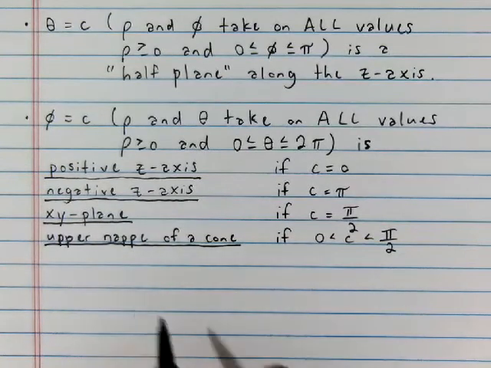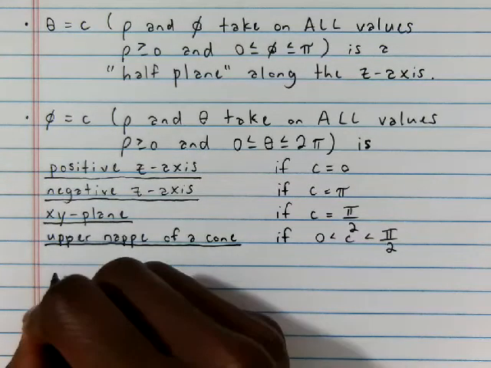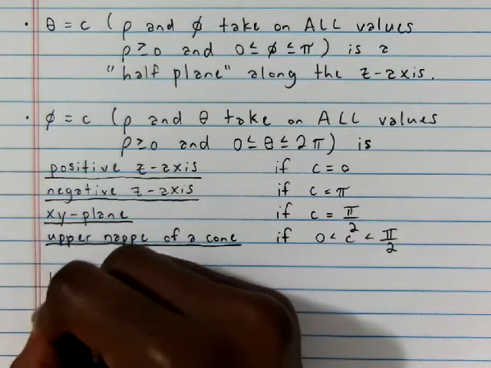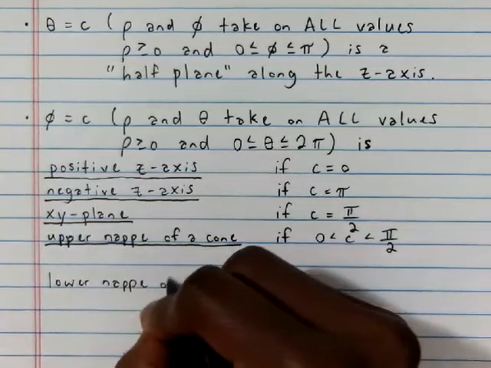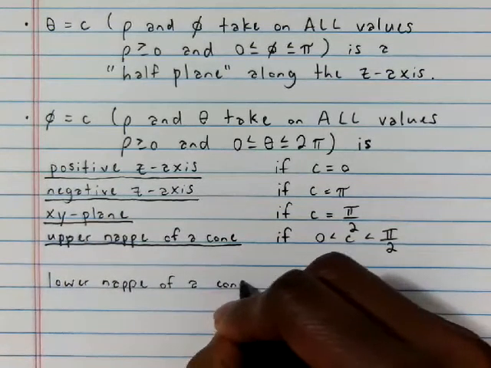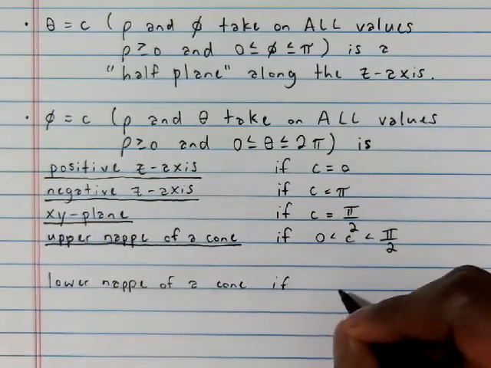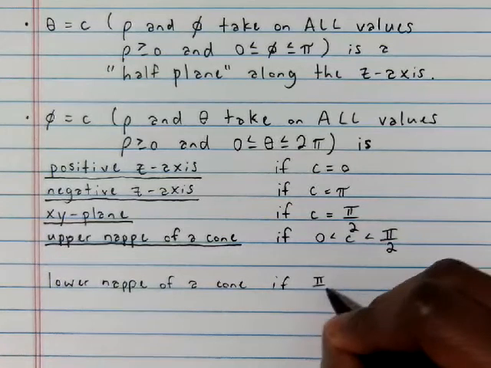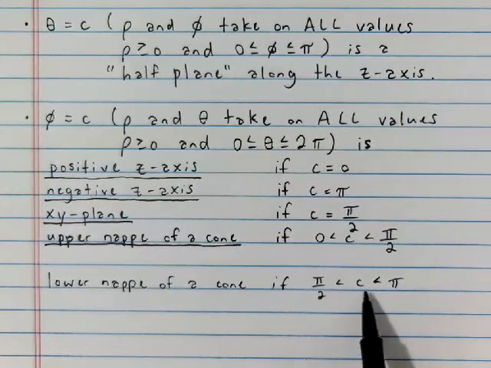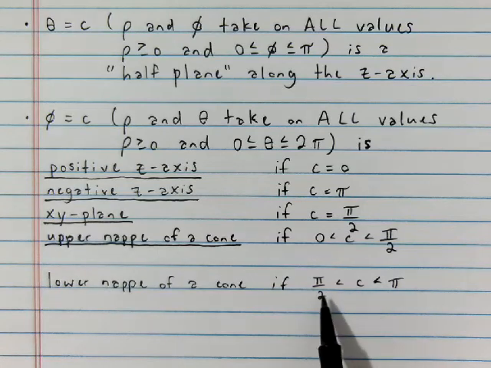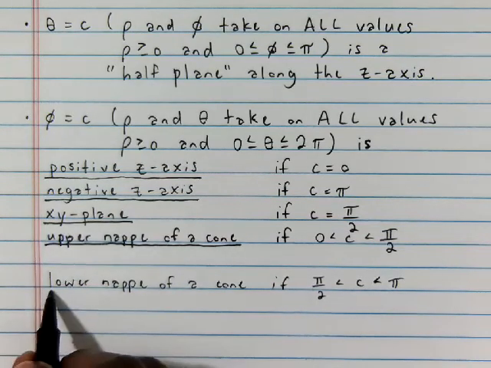And then we'll get the lower nappe of a cone if c is anything strictly between pi over 2 and pi. But remember, c is going to be fixed. I'm not saying that c is going to vary between there, but say you had any fixed value c that's between these two numbers, then you're going to get a cone.